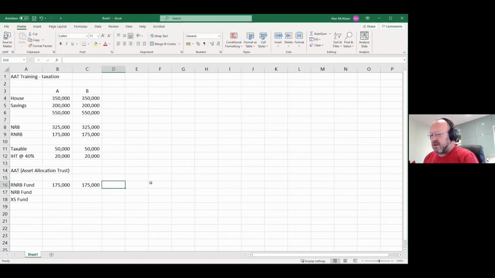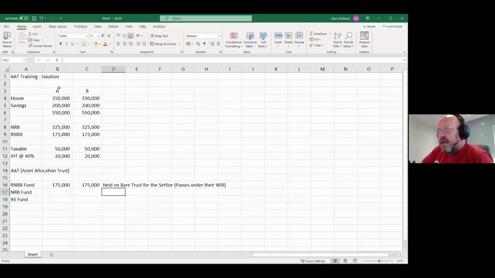Now this fund is held on bare trust for the settlor, which means it passes under their will. Because this is held on bare trust, the death of the settlor, A, causes this to vest. There's no discretion involved.